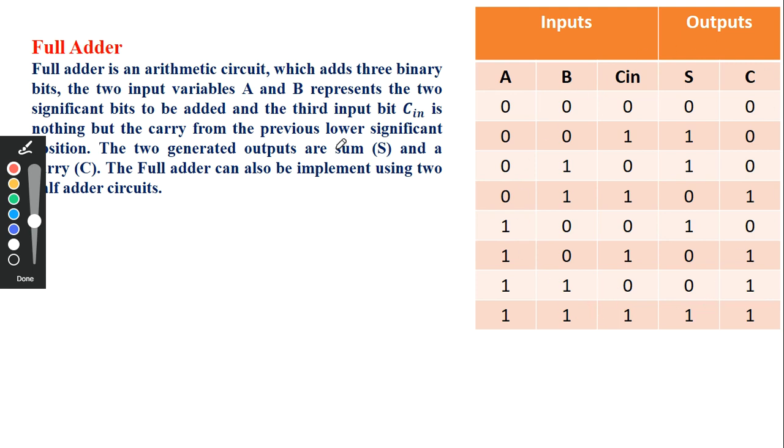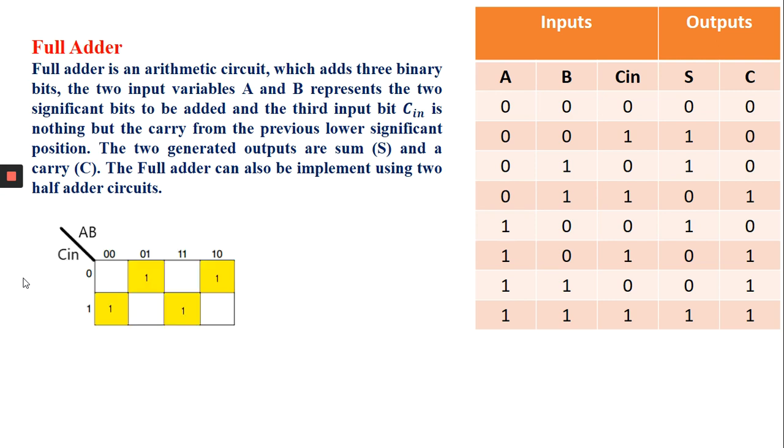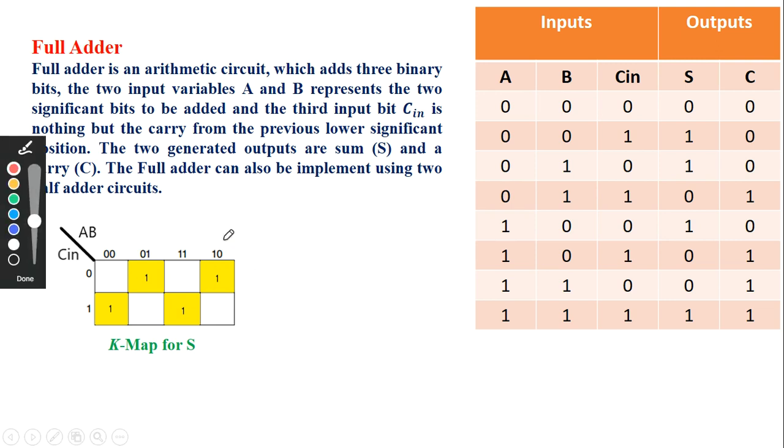Okay, so again we can draw the K map to find the expression for sum and carry. This is the K map for sum. S is 1 for these four cases. A0, B0, C1.